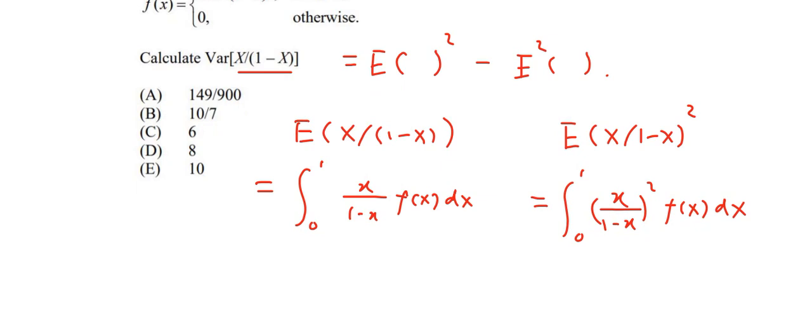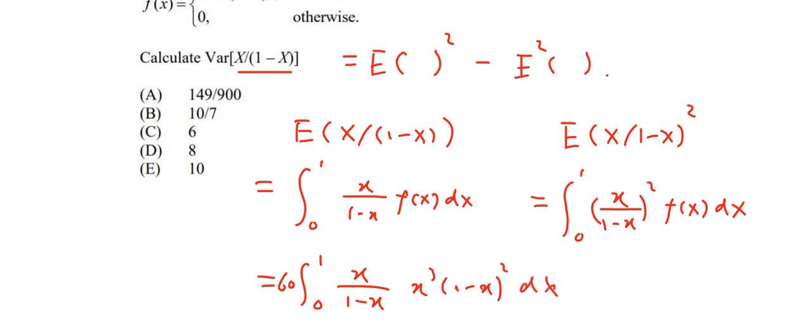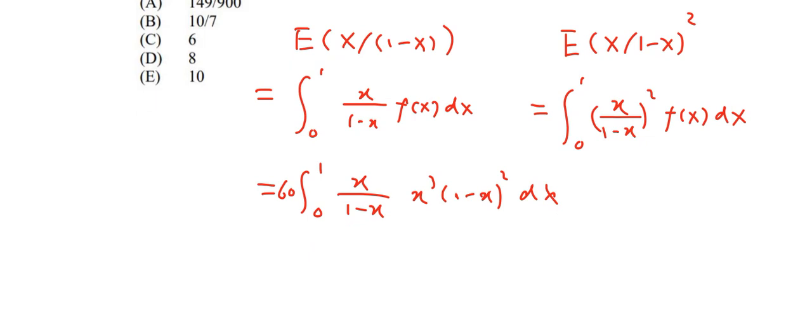So let's say x(1 minus x). What is f(x)? f(x) is 60 x cubed times (1 minus x) squared dx. So this equals 60 times the integral from 0 to 1; cancel one factor of 1 minus x, so this becomes x to the fourth multiplied by (1 minus x) dx.